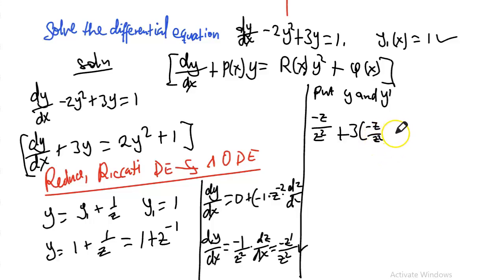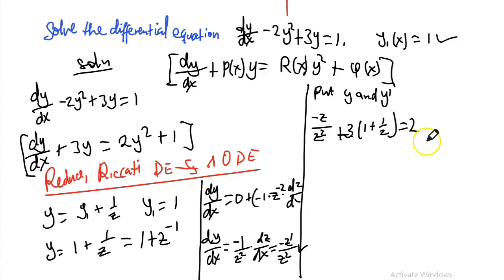Over z squared. So you have, if you can have this as simply 3z squared to make it easier for simplification, so I can have 3, in this case, 1 plus 1 over z, which is y, equals 2y squared.